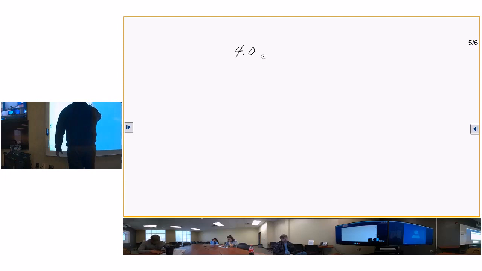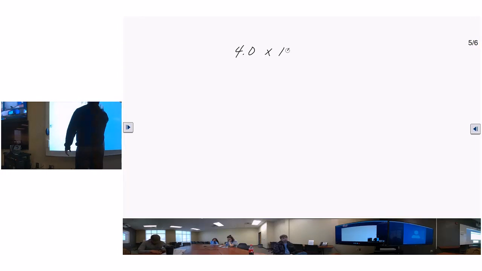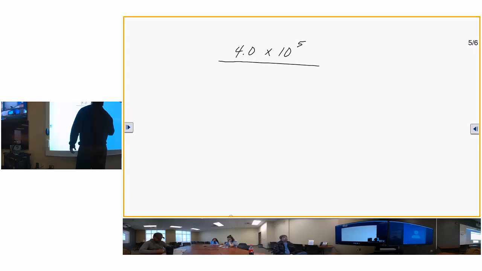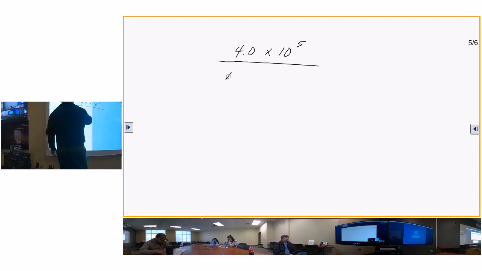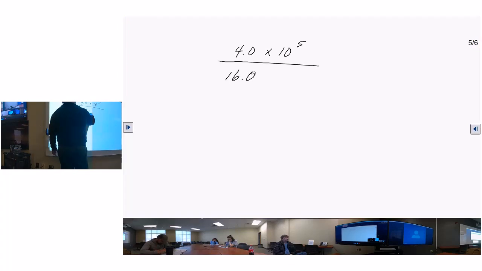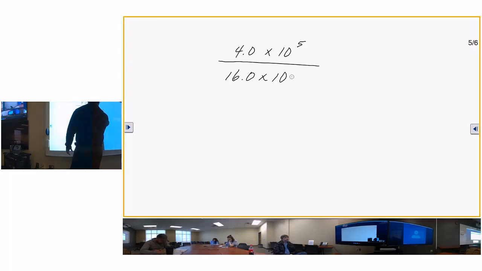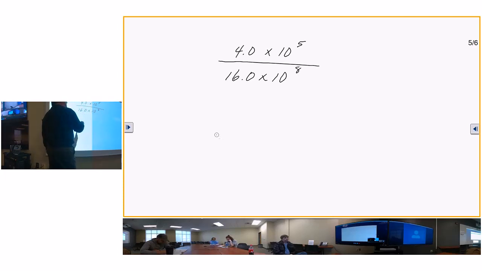I might give you 4.0 times 10 to the 5th power divided by, I'm trying to think of a way to give you a decimal. It would have to be like this, like 16.0 times 10 to the 6th or 8th power. Okay, what's 4 divided by 16?